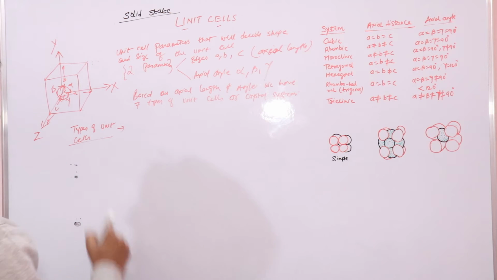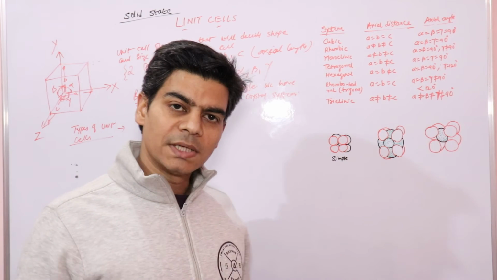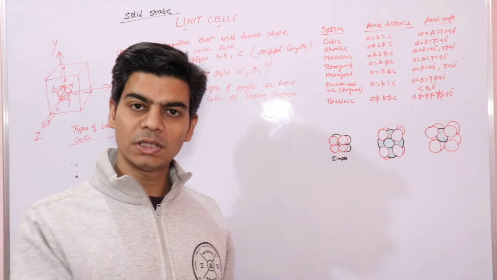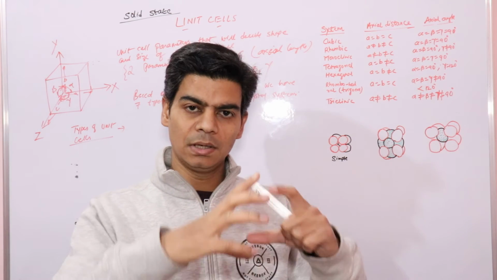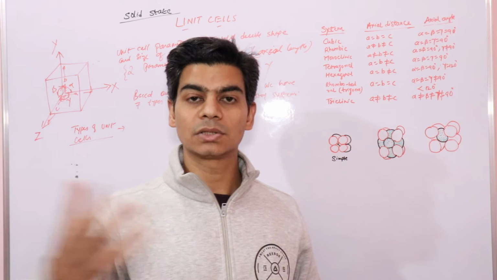Let's see how many types of unit cells we have. The unit cell, we know, is the smallest part of the crystal lattice, and the crystal lattice is the arrangement of atoms, ions or molecules in the solid.